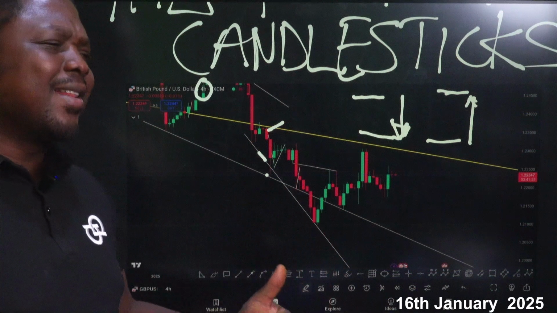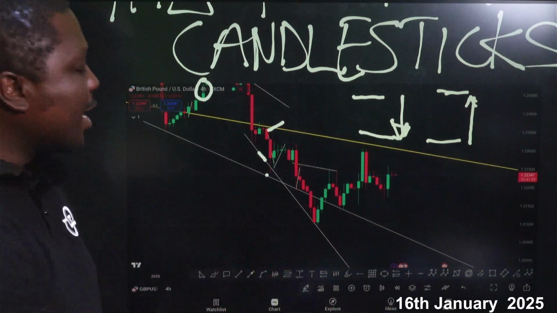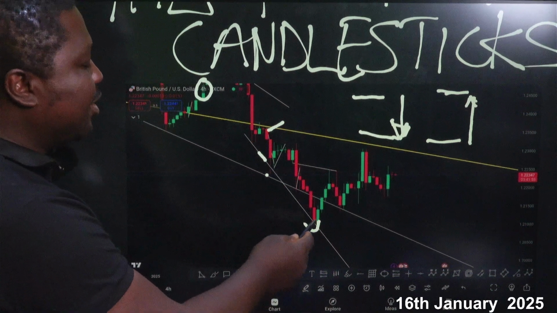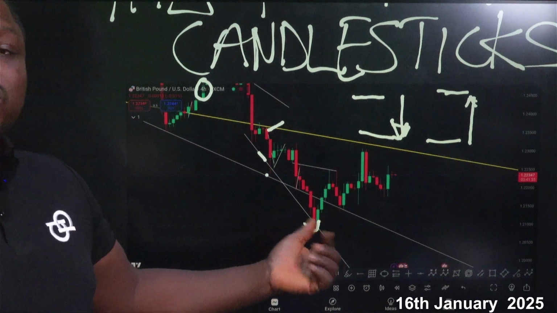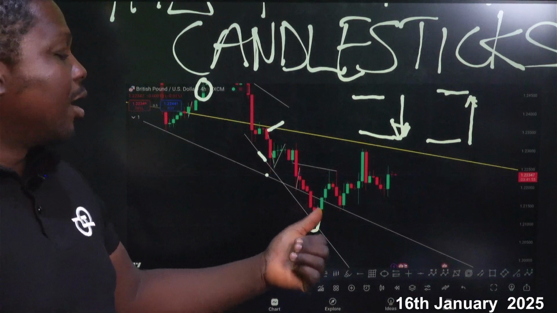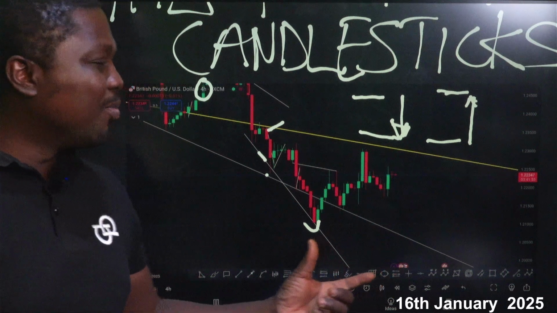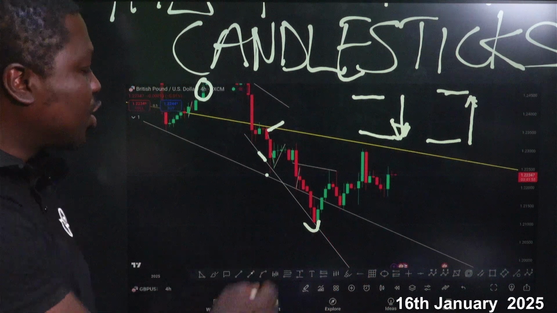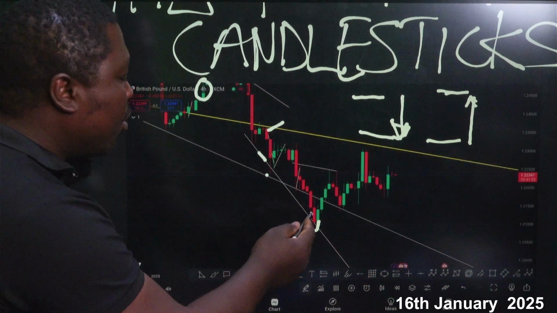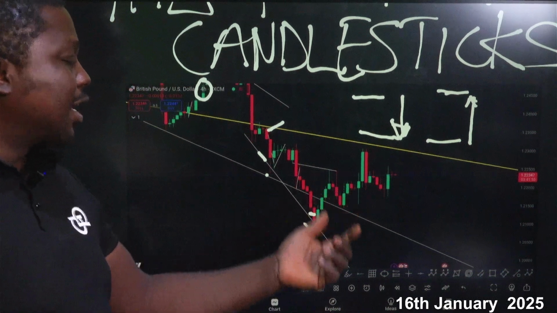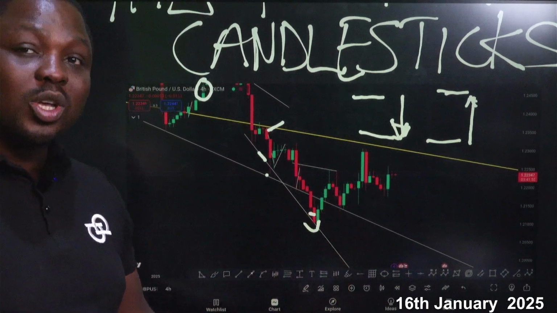If you look at this candle here, this is a reversal candle, which they call a piercing pattern. It closed above half of this candle, meaning it is above it.